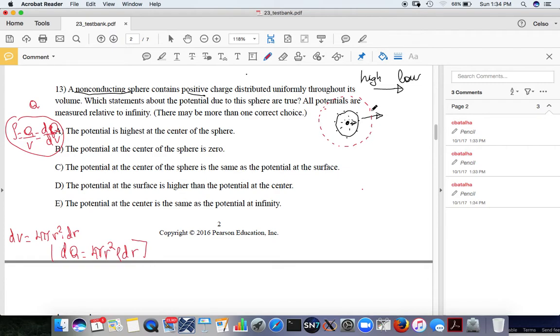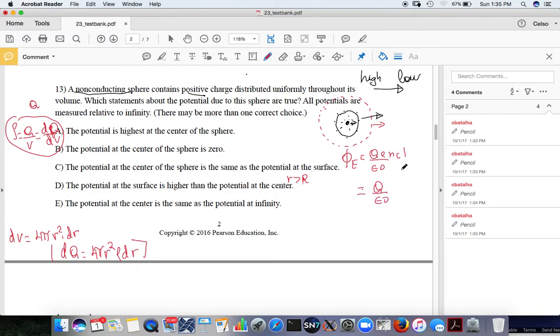The electric field points outward, and Gauss's law tells us the electric flux is equal to the enclosed charge divided by epsilon naught.